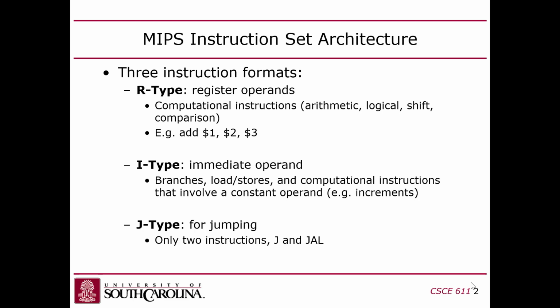RISC-V has, I think, 8 instruction formats. It's much more complex. So having just the 3 simplifies things tremendously. I know Intel has quite a few. IBM's got a bunch. ARM has a bunch. ARM doesn't have as many as RISC-V, I don't think, but MIPS has the crown when it comes to simplified instructions.